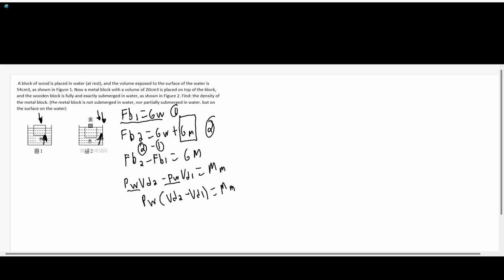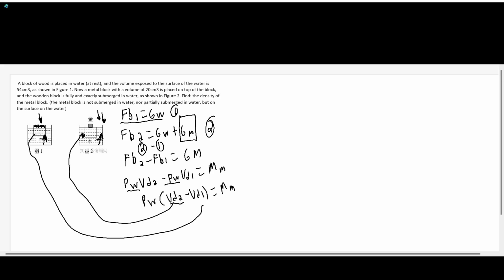The volume exposed to the surface of the water is 54 centimeters cubed. This section here, shaded at the top of the first diagram, is 54. If this is fully submerged, volume displaced 2 is the whole square. Volume displaced 1 is this section inside the water. If we were to subtract the section in the water from the whole thing, wouldn't we get 54?